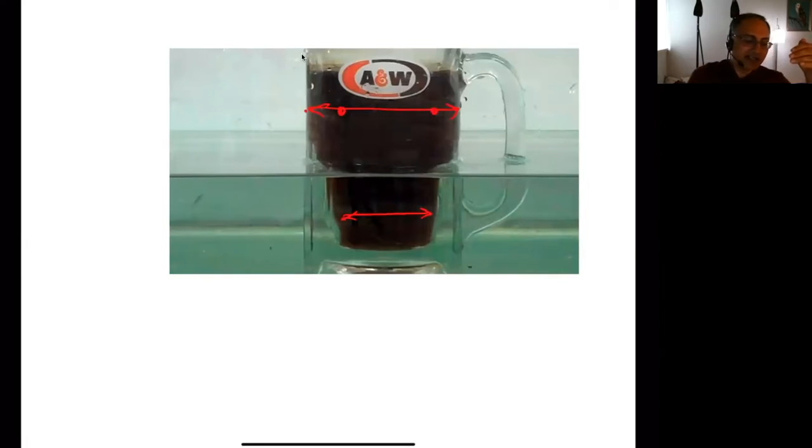So our brains assume that the rays are actually starting from over here. That is why it appears to us that the glass is completely filled with beverage. If you submerge the glass in water, then water reverses that effect, or cancels out that effect of refraction. And as a result, we can see exactly where the rays are starting from.